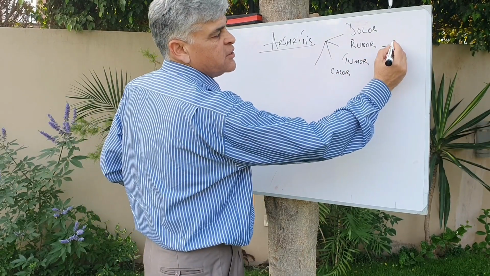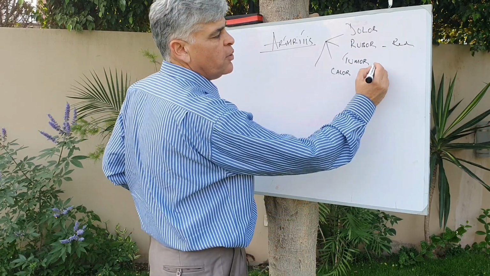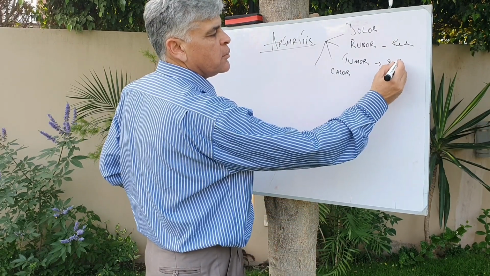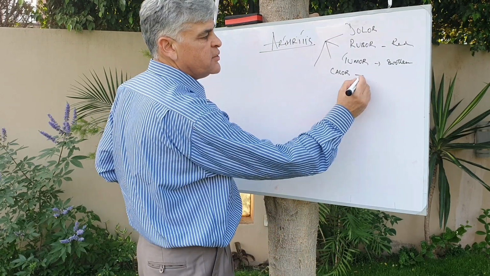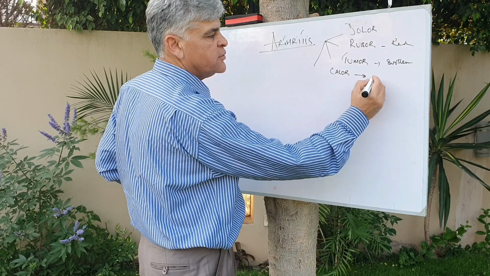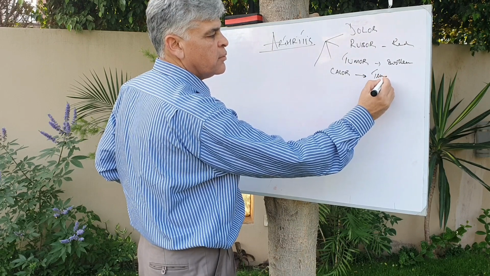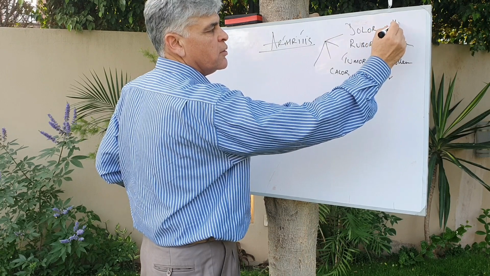Rubor means the joint should be red. Tumor means the joint should be swollen. Calor means the joint should be hot. And dolor means the joint should be tender.